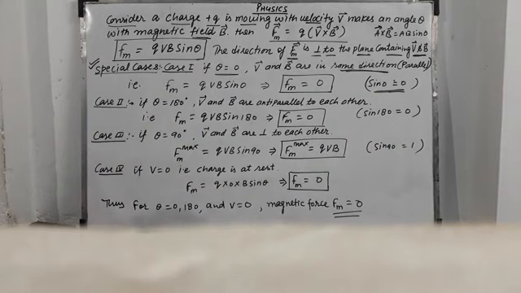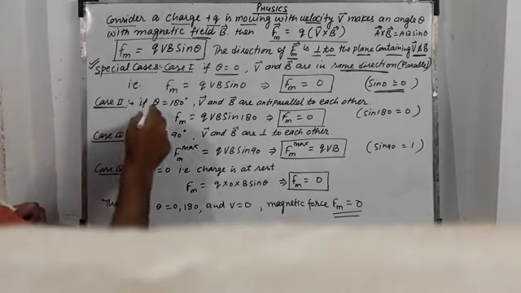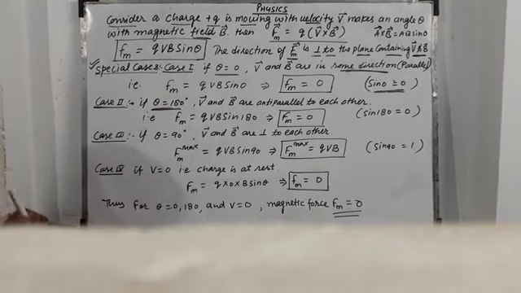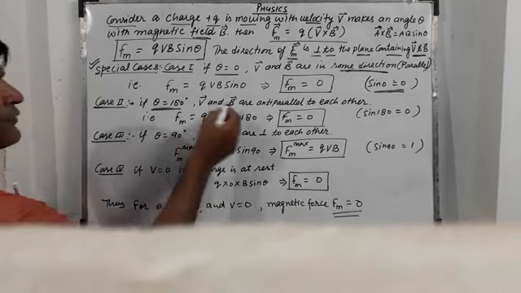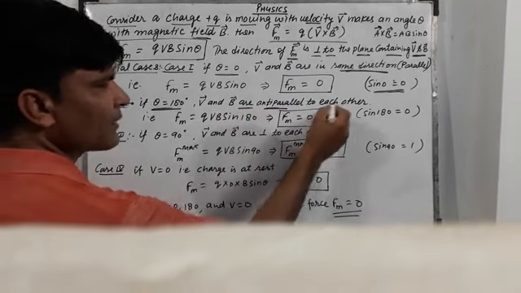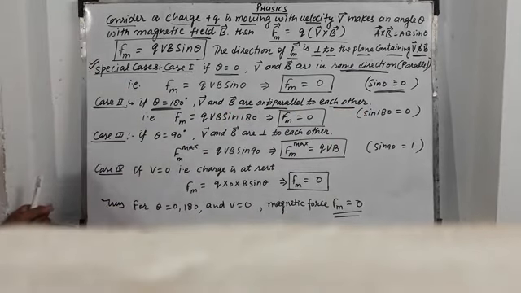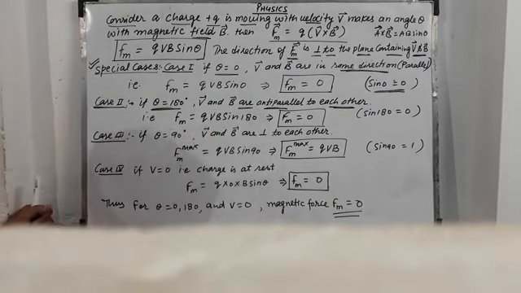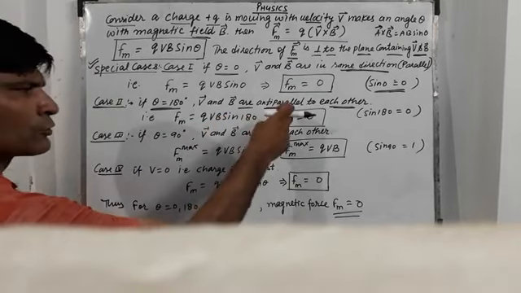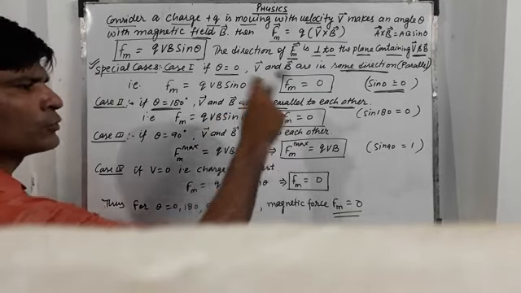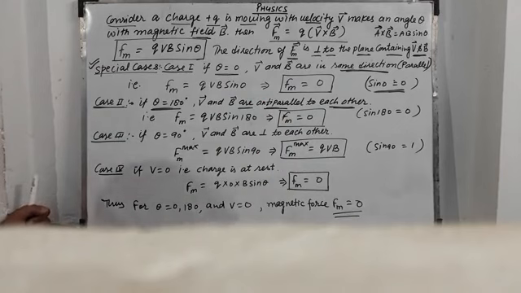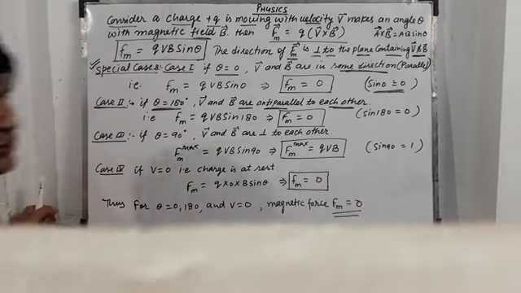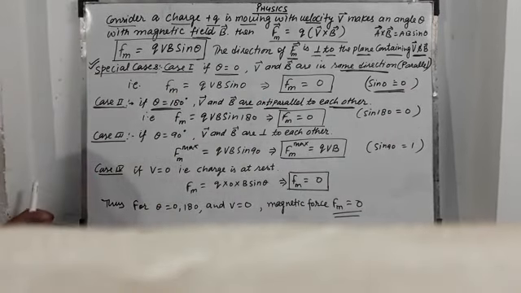Now in case second, if theta is equal to 180 degrees, it means v and B are anti-parallel to each other. Then Fm is equal to qvB sin 180, and this also represents Fm is equal to 0 because sin 180 is equal to 0.